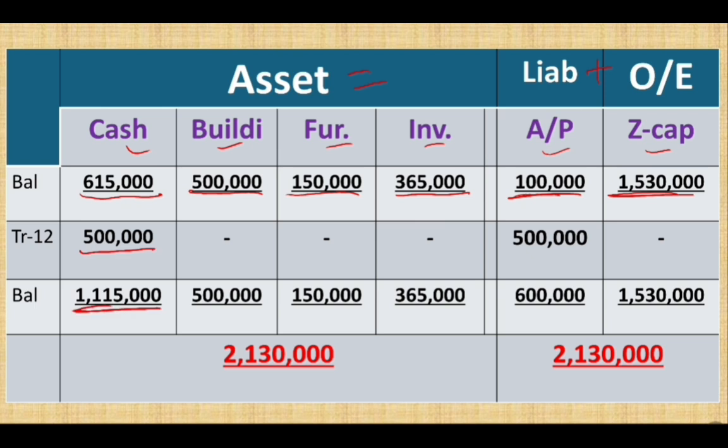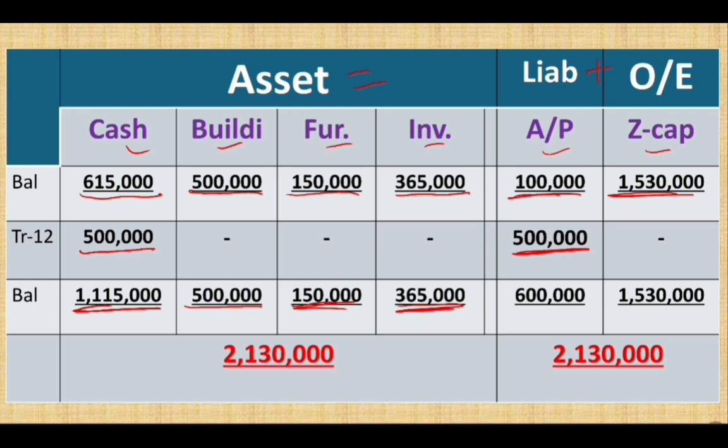Therefore, cash of the company is increased by 500,000. So 650,000 plus 500,000 is 1,150,000. This is the balance of cash after transaction 12. The balance of building after transaction 12 remains the same. Balance of the furniture after transaction 12 is 150,000.